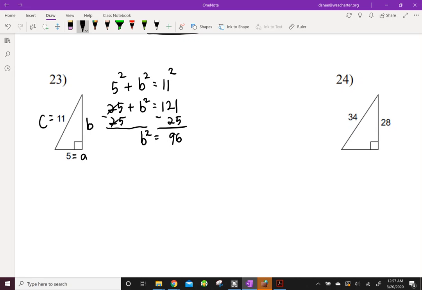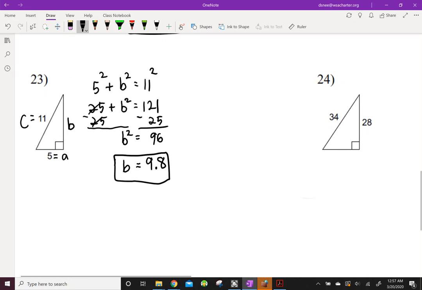Right, because these cancel out. And the square root of 96 is 9.7979, so 9.8 to the nearest tenth. If I got it wrong, let's see here. No, that's right.